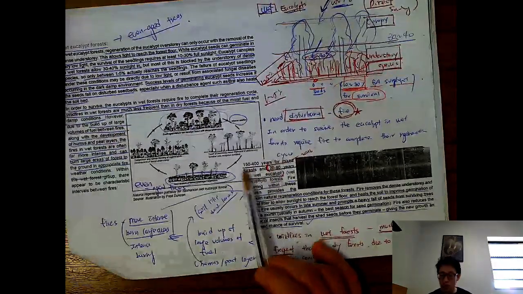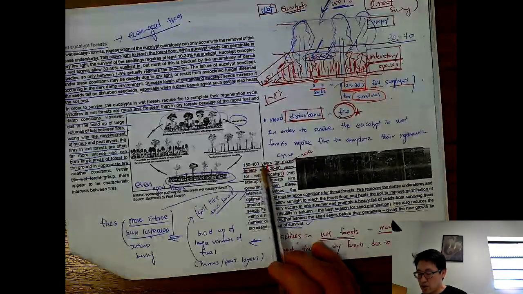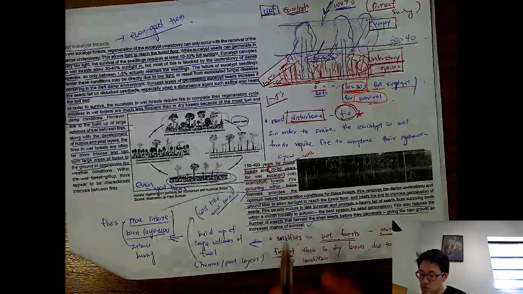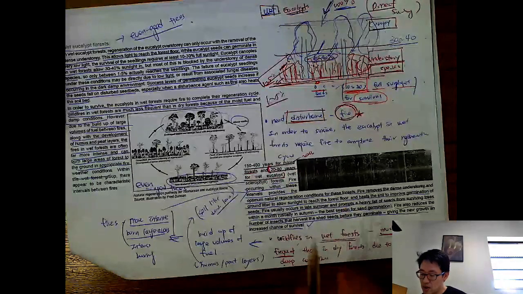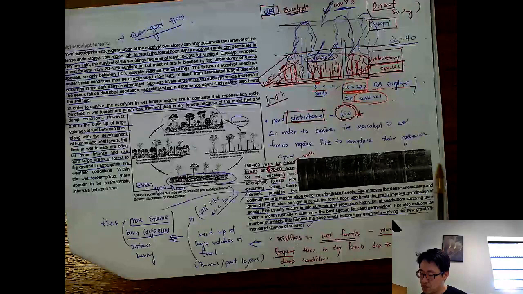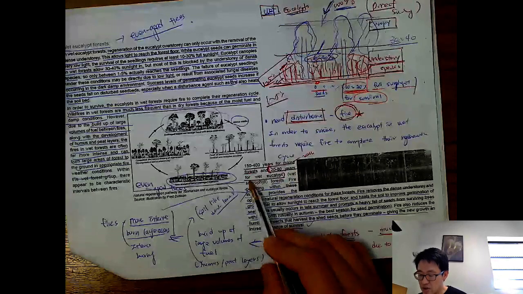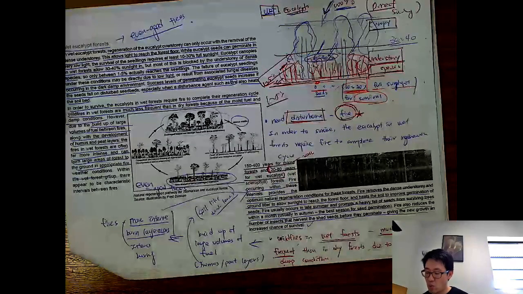What they say here is 150 to 400 years for mixed forest. When they say mixed forest, this is a mixture of wet eucalypts and cool temperate rainforest. So the first 20 to 80 years, it is purely wet eucalypts.